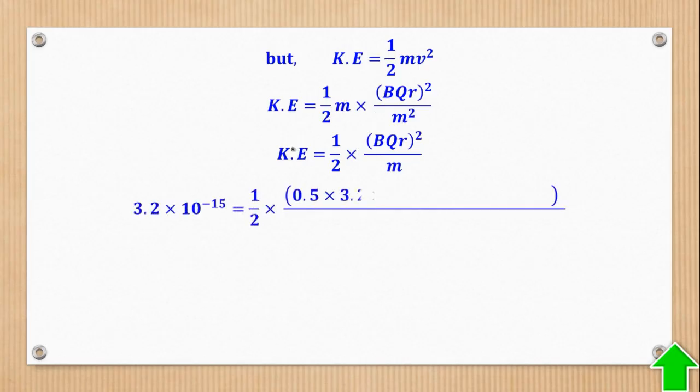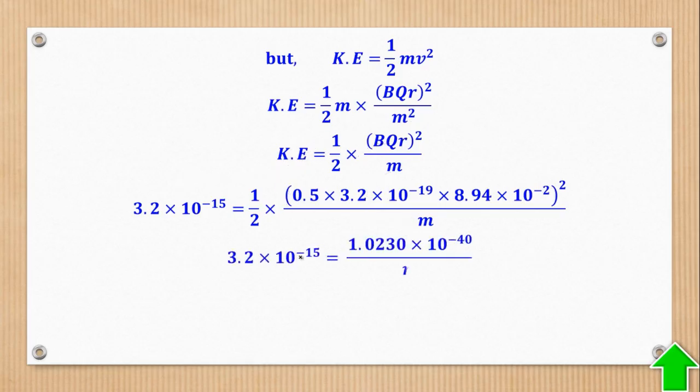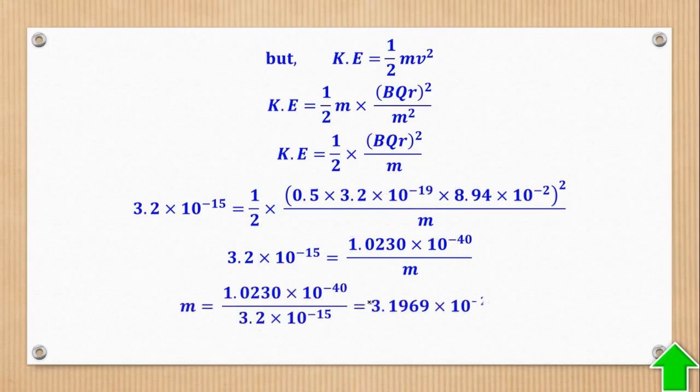So the good thing, we know kinetic energy, and we know B, flux density, we know Q, the charge, we know R, the radius, and M is the only unknown. So simplify when I use a calculator, the whole of this will give me this numerator. Then make M the subject, and that will be the answer they wanted.